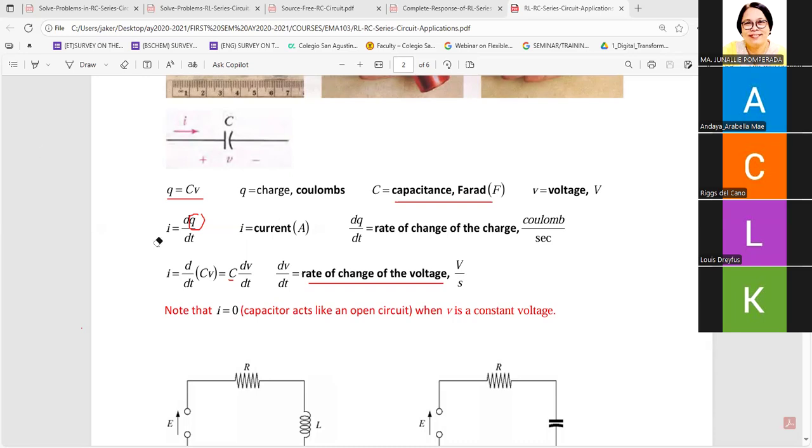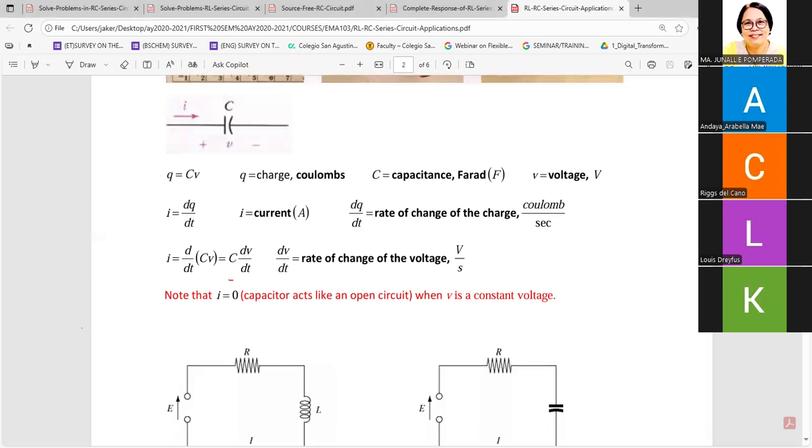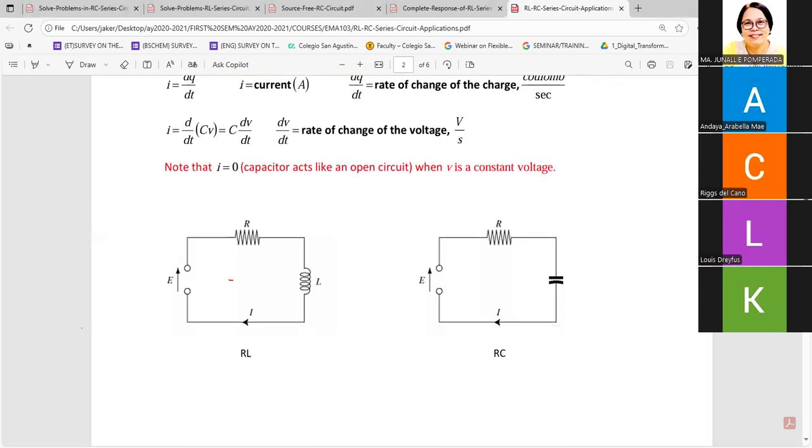But our main focus, these are just add-on information concerning circuit elements. Our main focus here, by the way, is on the differential equation that we can use for these two circuit elements. We are concerned with the differential equation we could use for an RL circuit and for an RC circuit.